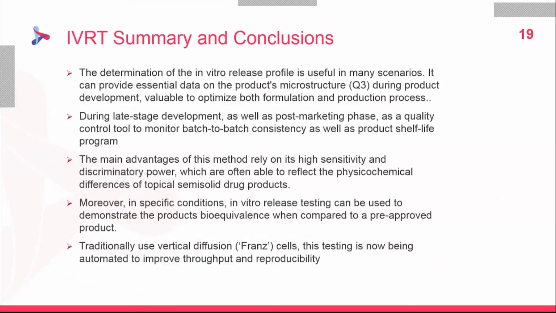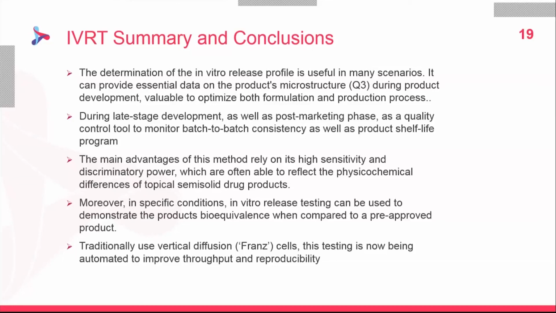So in conclusion, determination of in vitro release profiles is useful in many scenarios. During product development, it can provide essential data on the product's microstructure, valuable to optimize both formulation and production process. On the other hand, during late-stage development as well as the post-marketing phase, it serves as a quality control tool to monitor batch-to-batch consistency. Among many advantages, the main advantage of this method relies on its high sensitivity and discriminatory power.